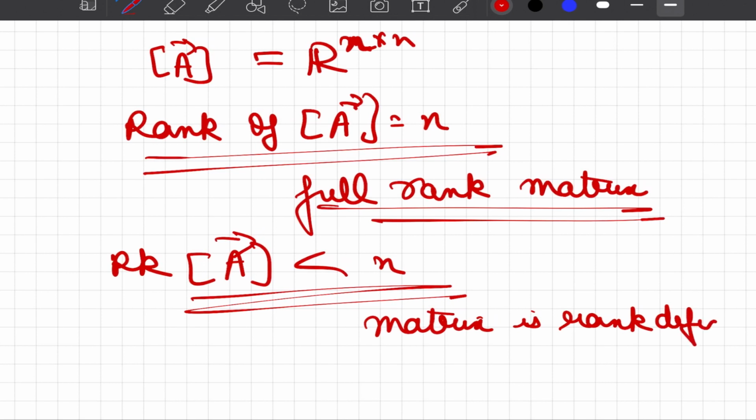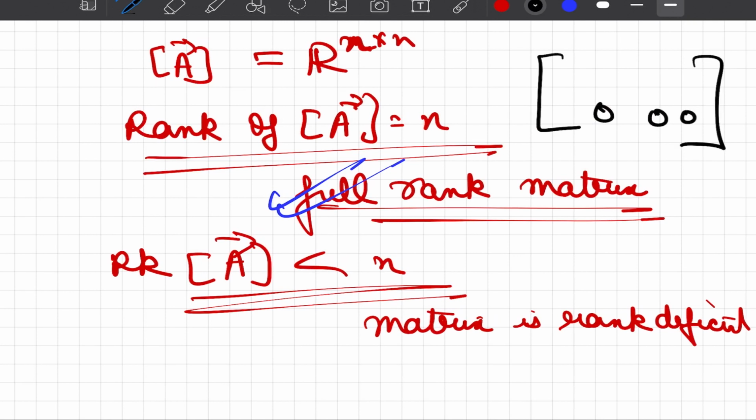And our matrix is invertible if and only if it is a full rank matrix, because if multiple rows or columns depend on each other, we can reduce one of the rows or columns to 0, and hence if we take the determinant, the answer is going to be 0.